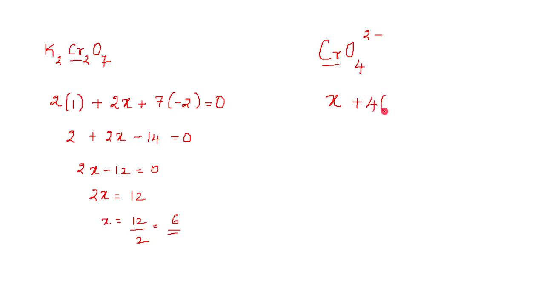Always the oxidation number of oxygen is taken as minus 2, equal to... Earlier we took 0 because these were neutral molecules. Presently you have a polyatomic ion. So as per the rules, the algebraic sum of the oxidation numbers of all species in a polyatomic ion will be equal to the charge present on the ion.